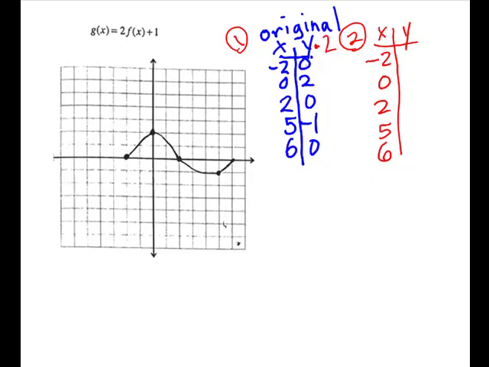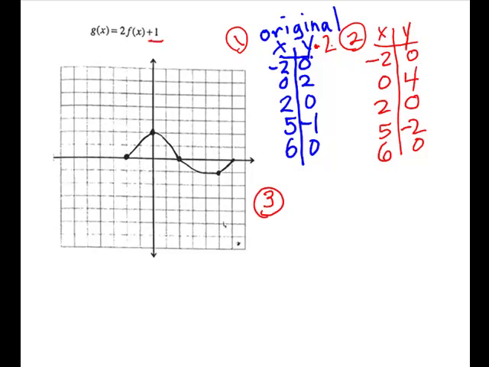So 2 times 0 is 0. 2 times 2 is 4. 2 times 0 is 0. 2 times negative 1 is negative 2. And 2 times 0 is 0. Now, I'm not going to put it on the graph until the end. So my third table will be to add 1.